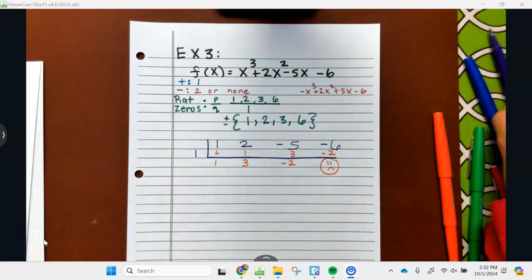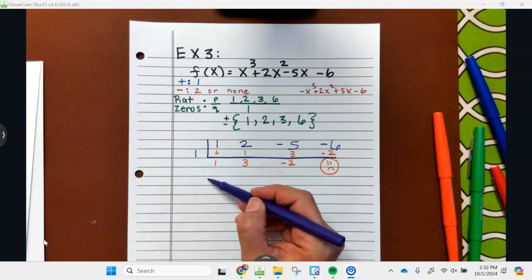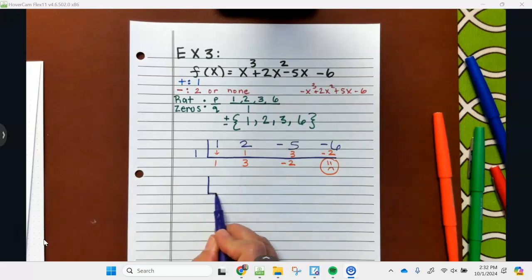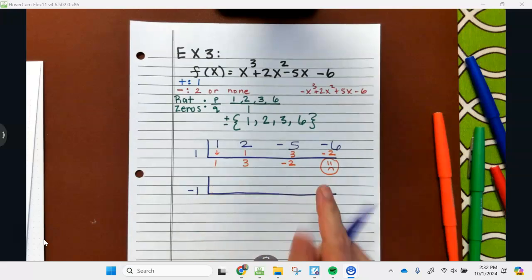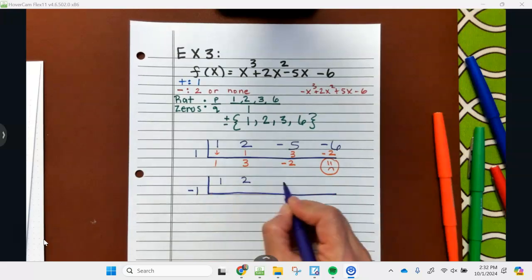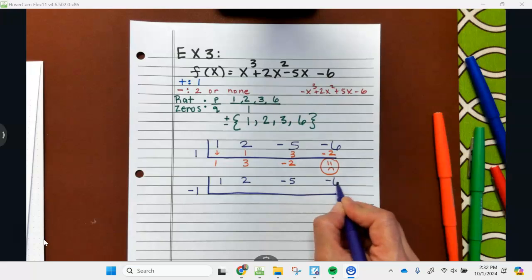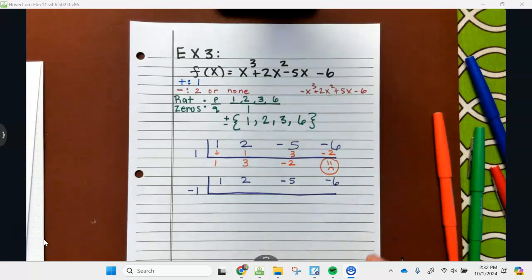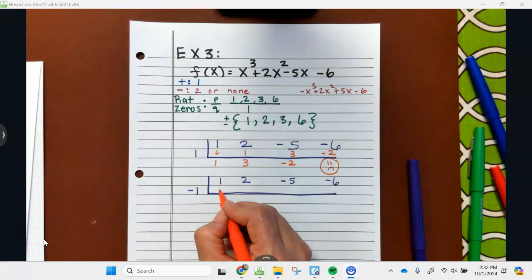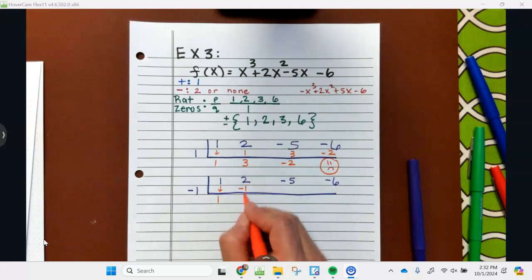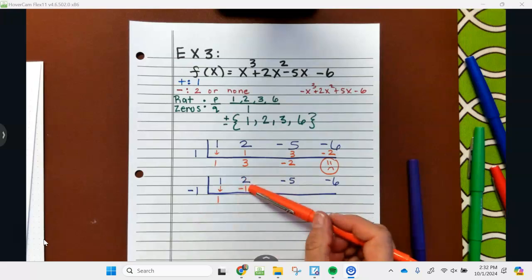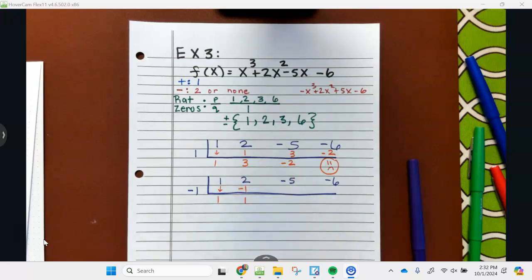We're going to have to try again, guys. Let's try a negative 1 this time. I'm going to repeat the first row. 1, 2, negative 5, negative 6. Let's see what happens. 1 times negative 1 is negative 1. 2 with a negative 1 is a 1.